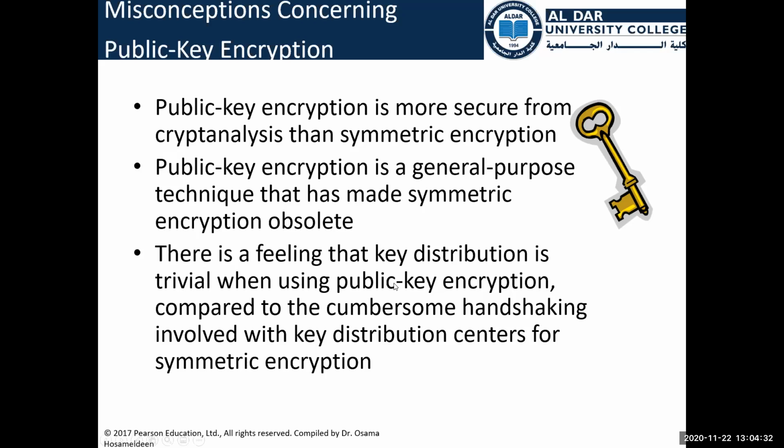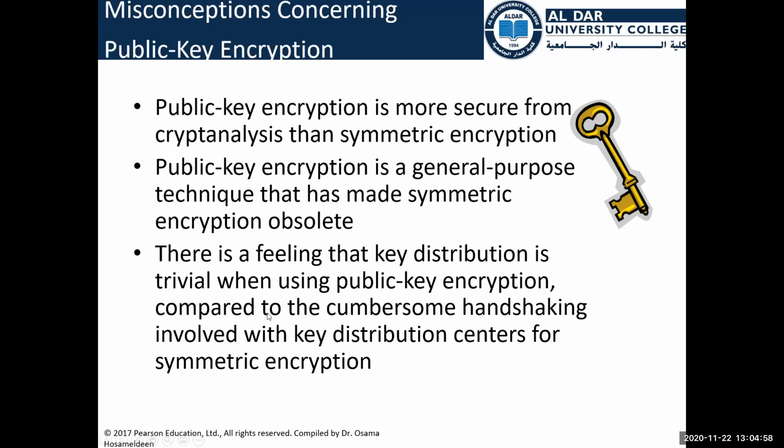So we can say the key distribution in public key encryption is very easy. I will tell you an example next lecture. You can send a key to another party without sending the physical key. You can send other, public information, and using this public information, we can agree on a common private key.